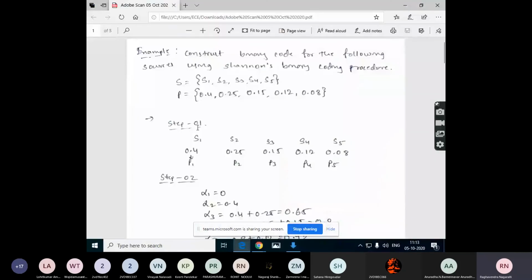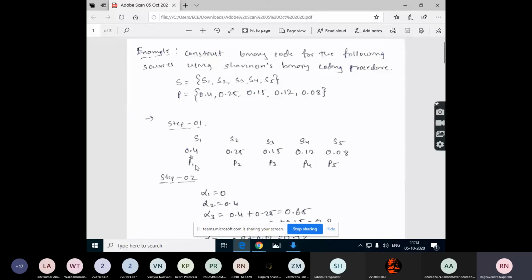The probabilities given are already in decreasing order: 0.4 is greater than 0.25, which is greater than 0.15, greater than 0.12, greater than 0.08. So let's maintain the same way. S1, S2, S3, S4, S5 are already in decreasing probability.